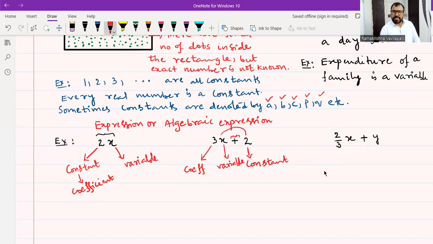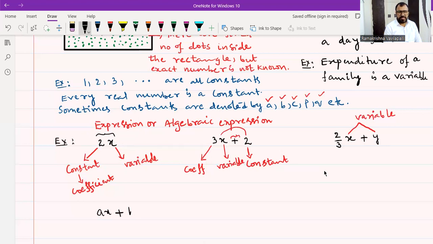Well, here you see x and y are variables, and we don't have any constant. Generally, a constant means a number without a variable. But sometimes the coefficients of variables are also constants. For example, here I write that ax plus by is an expression.